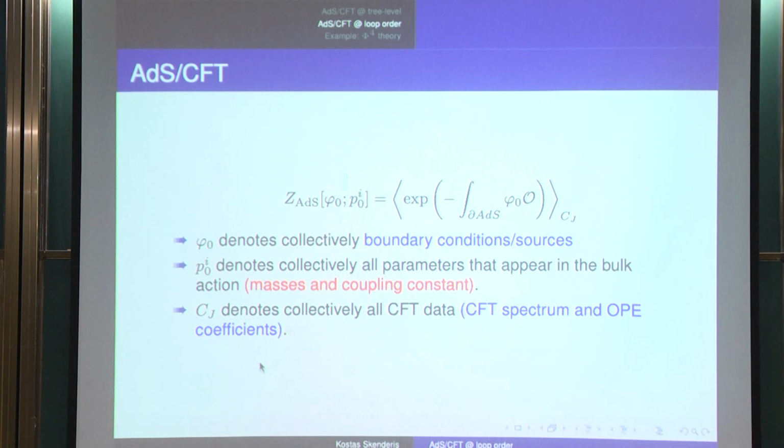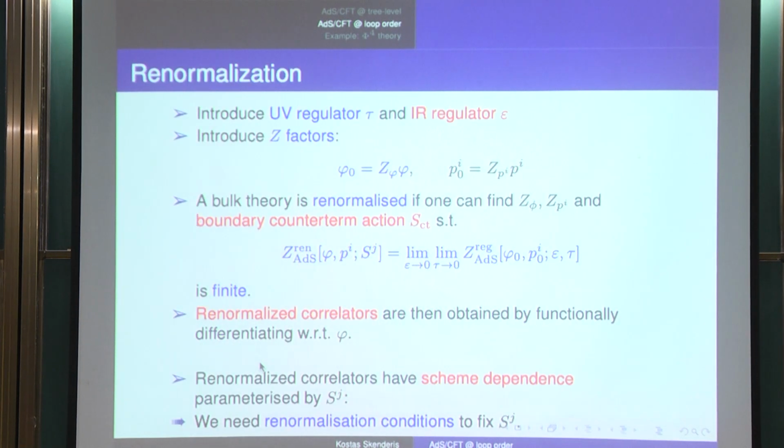So now I want to have something which is finite on the left-hand side. The way to do this is I scale my fields and the parameters, and I introduce a boundary action. Now this object here should be equal to the renormalized correlators on the CFT side.